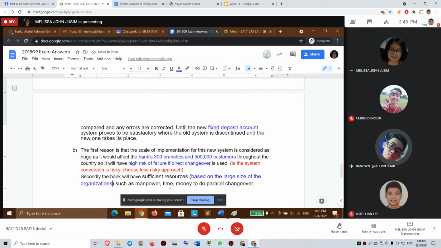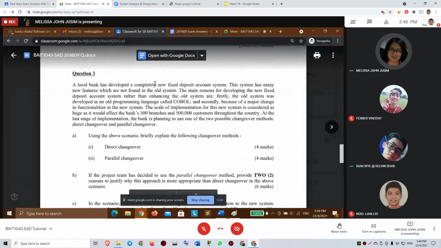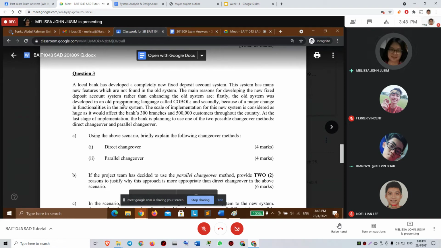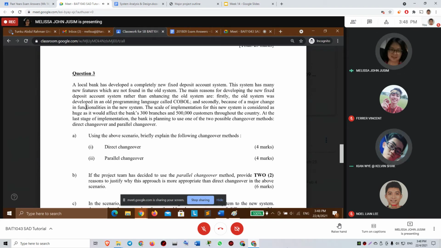Okay. There's another reason I wanted to choose, but I don't know if it is correct or not: compatibility. Like the old and new systems are comparable? Not really. There is a major change in functionalities.